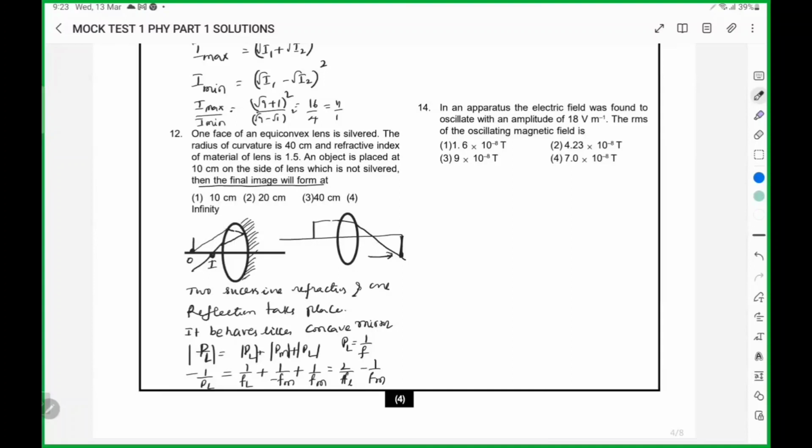So how do we find the focal length of a lens? 1 by Fl is (mu minus 1) times (1 by R1 minus 1 by R2).